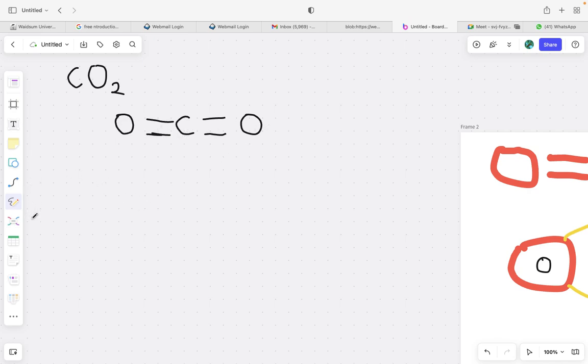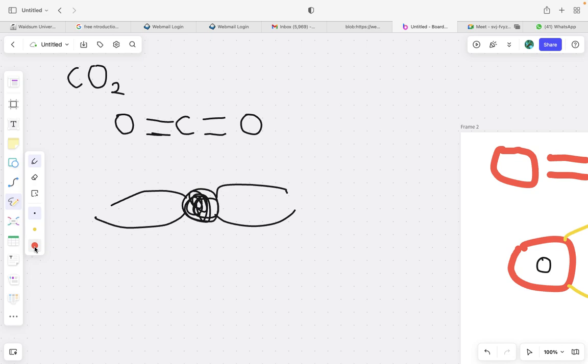If you draw it, we can have the carbon in the middle here. If we draw the diagram, this is the carbon. It has a double bond to one atom of oxygen here, and another double bond this way to another atom of oxygen.